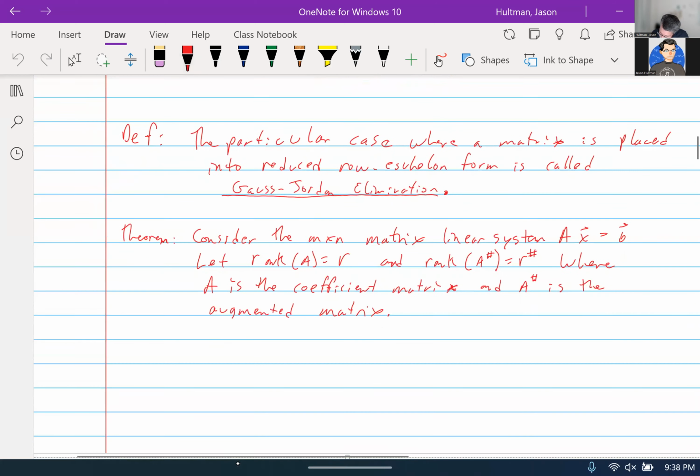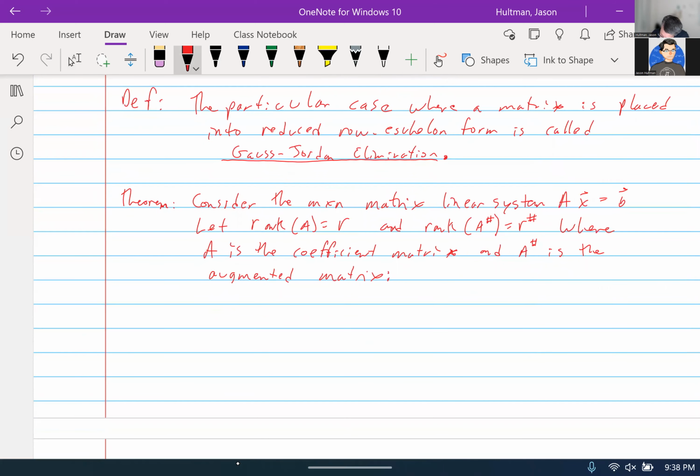Let's consider that. I'm going to put a semicolon here that just says we're continuing this thought. Augmented matrix 1.